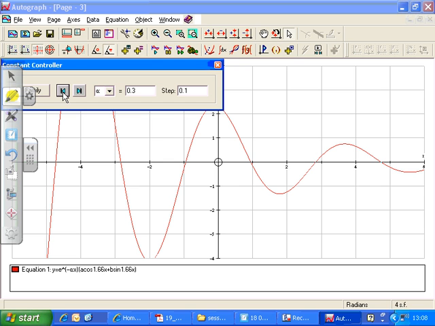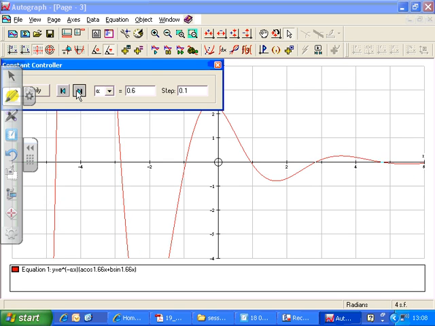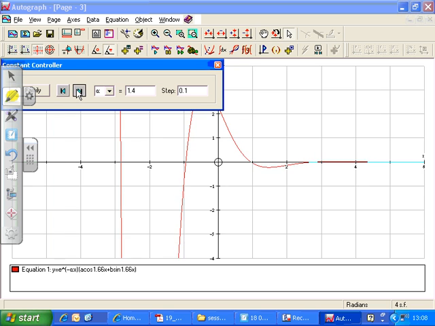So this is slightly damped oscillation, becoming more and more damped, until eventually you get to the point where, on the previous example, we have approaching critical damping.